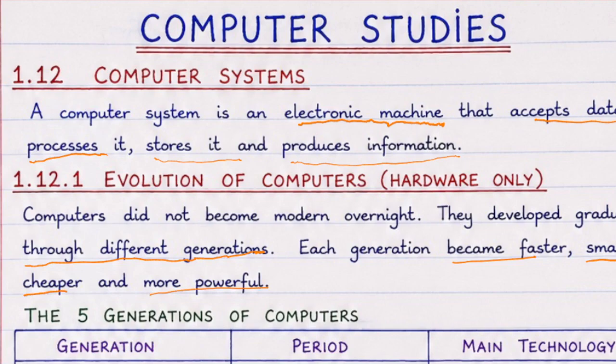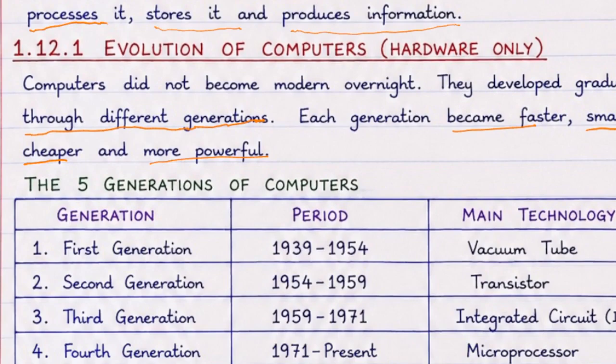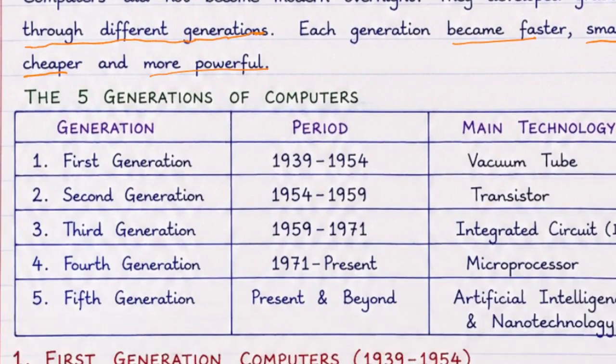So, the 5 generations of computers: we have the first generation, second generation, third generation, fourth generation, fifth generation. The period for the first generation is 1939 till 1954, that's 15 years.